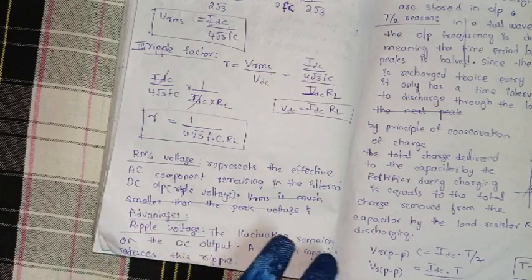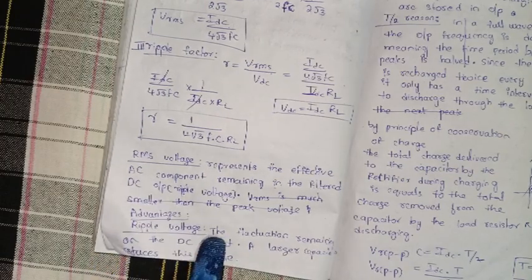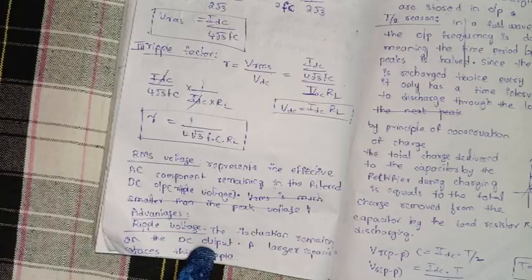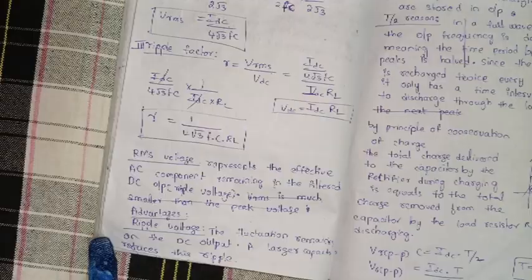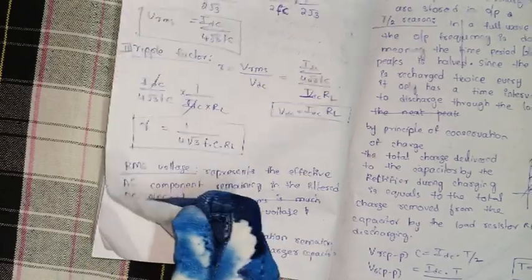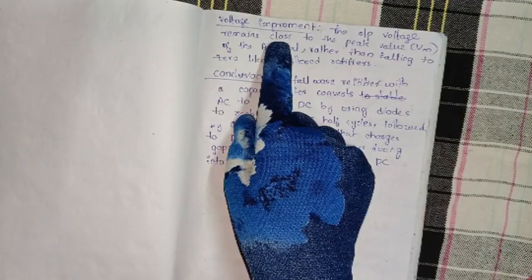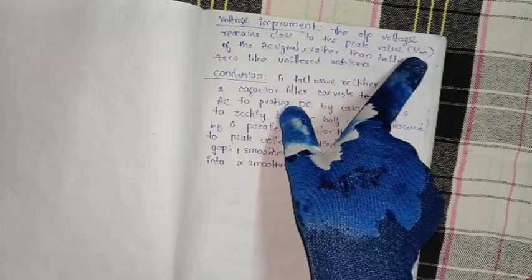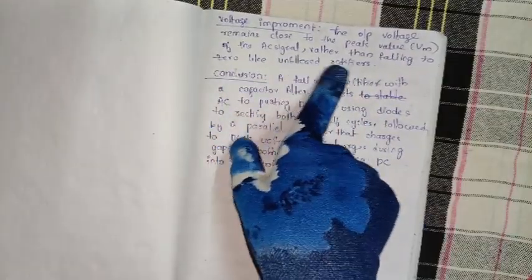Then we will see what are the advantages of the full wave rectifier with capacitor filter. Ripple factor: the fluctuation remaining on the DC output, as I have shown earlier, and a larger capacitor reduces this ripple. And voltage improvement: the output voltage remains close to the peak value Vm of the AC signal rather than falling to zero like unfiltered rectifiers.